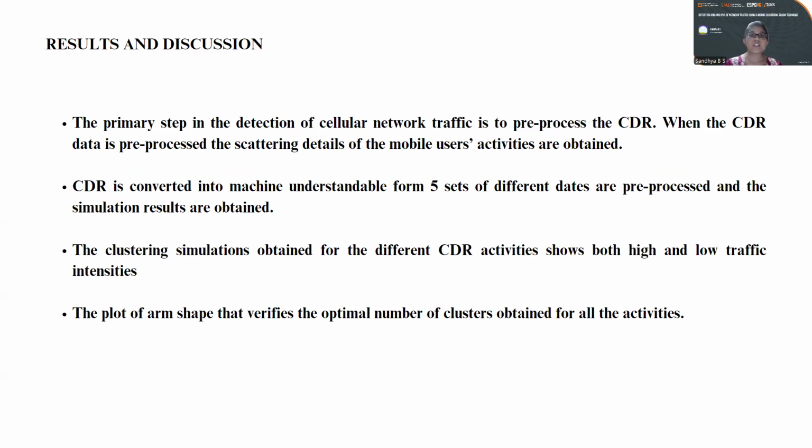The clustering simulations obtained for different CDR activities show both high and low traffic intensities. The plot of arm shape verifies the optimal number of clusters obtained for all the activities.